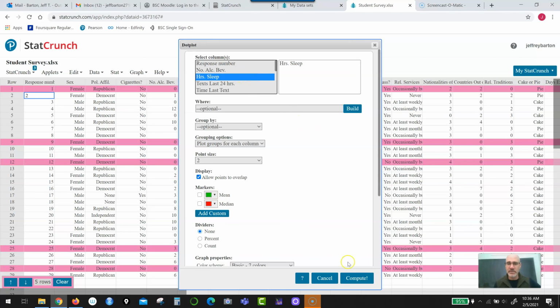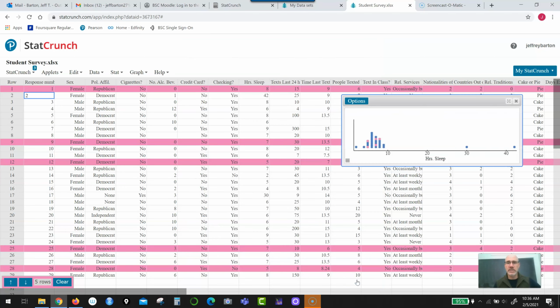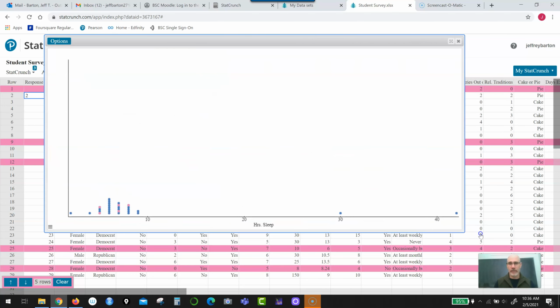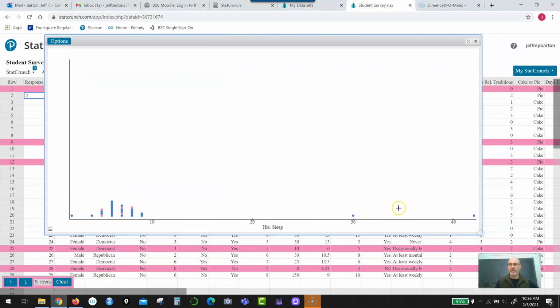All right, so we've got hours of sleep, and we can make our dot plot. I'm going to make this a lot bigger. So this dot plot is showing us the distribution of the reported hours of sleep during a typical school night.